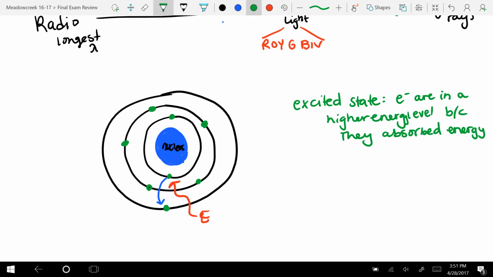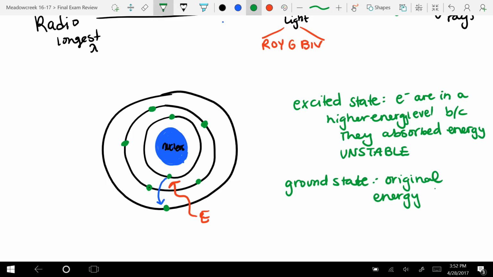But it's unstable, and so they have to return to their ground state, which is their original energy level. So this electron is going to go back to its ground state.